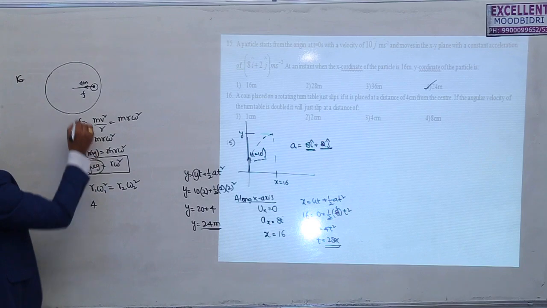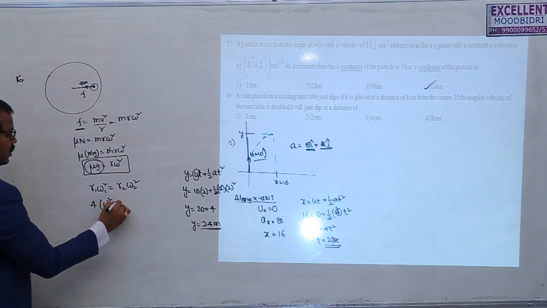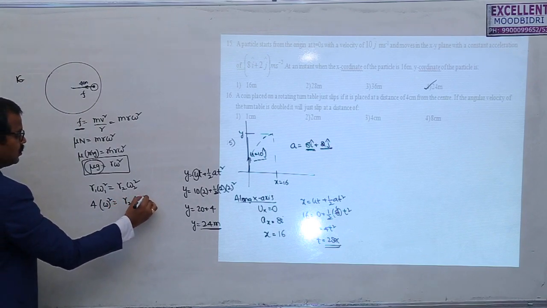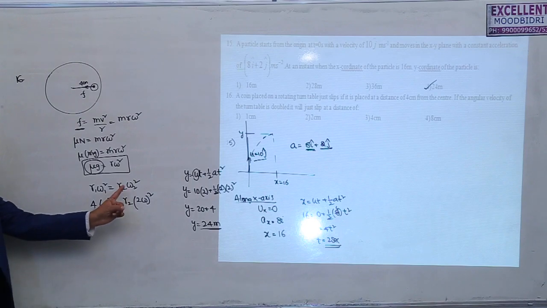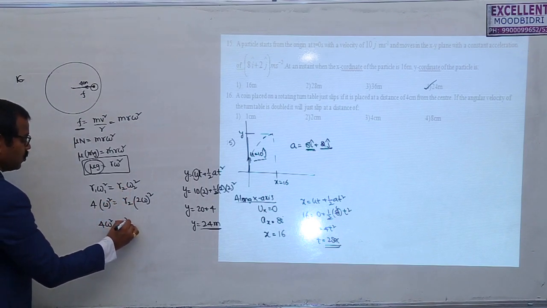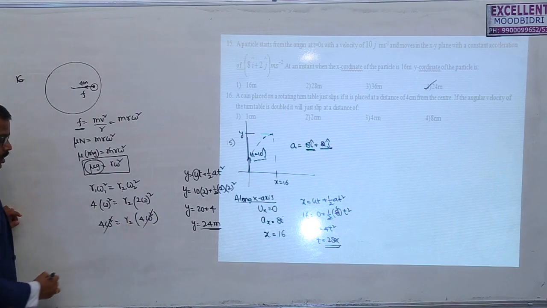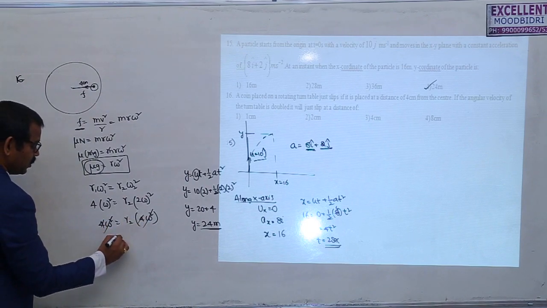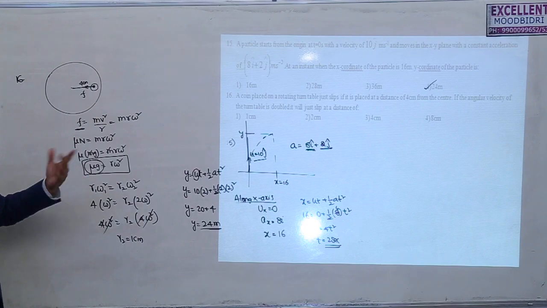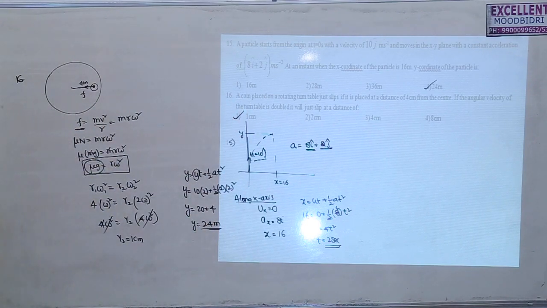In the first case, the distance from the center is 4, with omega square. R2 we need to find out when this is doubled. So the final angular velocity is 2 omega. So 4 omega square is equal to R2 into 4 omega square. Omega square gets cancelled, 4 gets cancelled, R2 is equal to 1 centimeter. So when the angular velocity is doubled, the coin will slip at 1 centimeter only.